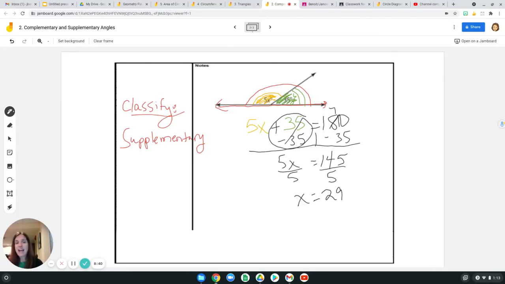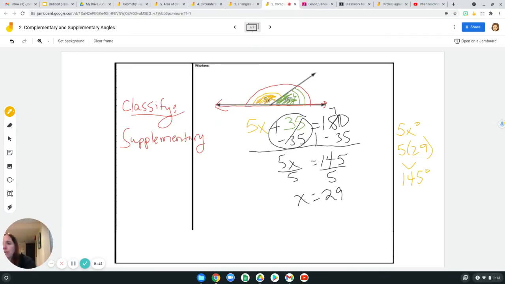Now that's not the size of our angle, okay? We still have to find the size of our angle. So we're going to take that 29 and put it where x is in the 5x degrees. We're going to do 5 times 29. Might have to do some side math there. 5 times 29 would be 145 degrees.